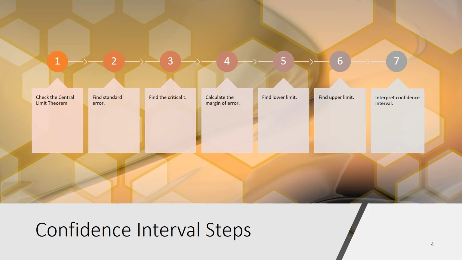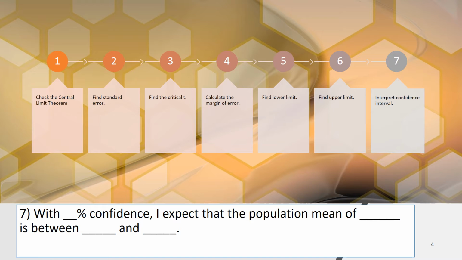You're going to have the same basic steps to the confidence interval. The biggest difference is we're going to have a critical t instead of a critical z in step 3. We're going to have a similar interpretation.